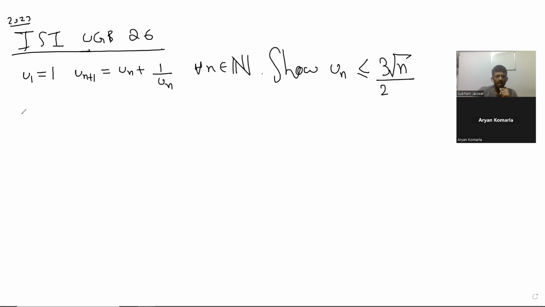But you know that I think that u sub n is at least 2. Right, so can we not use these two things?